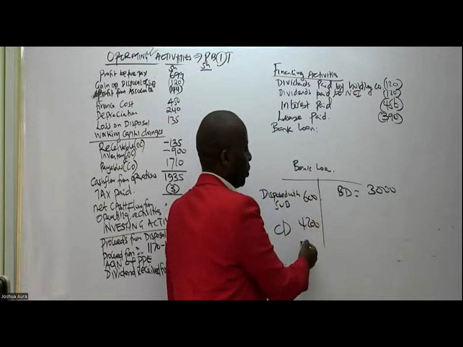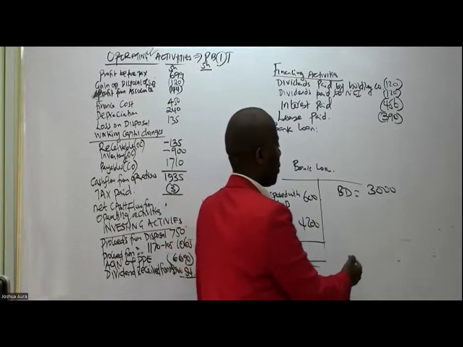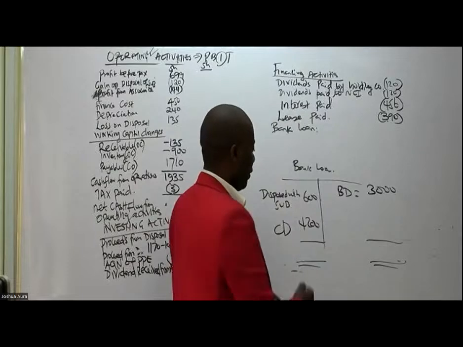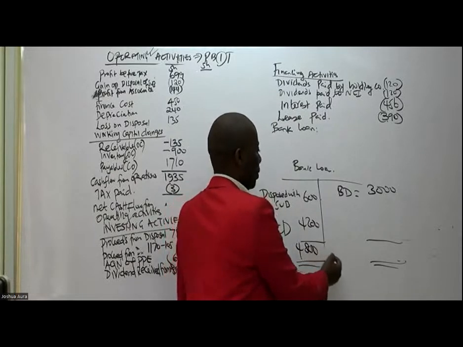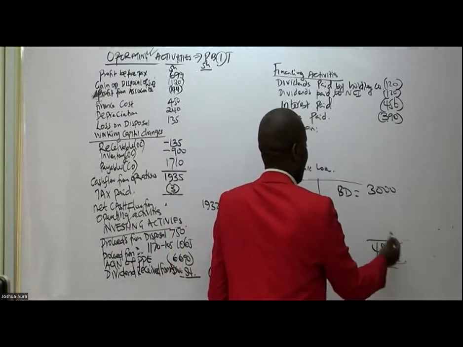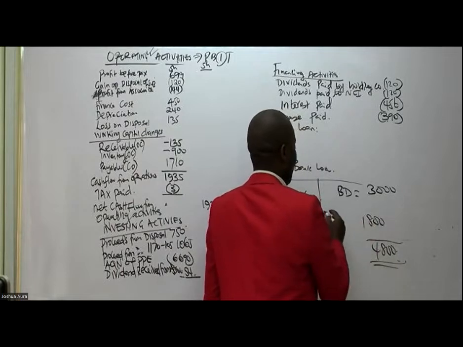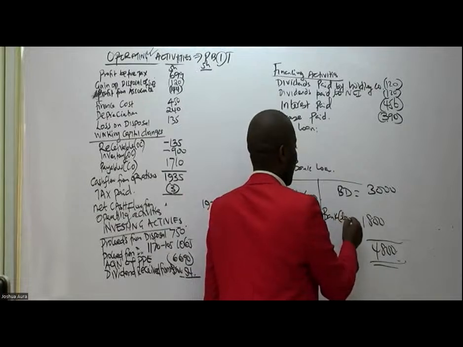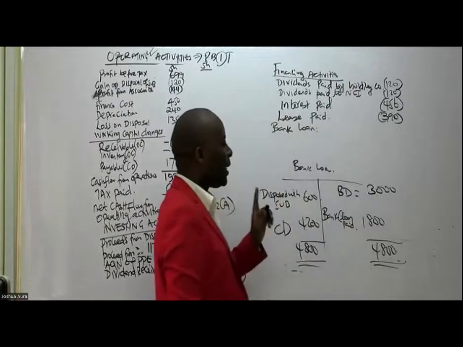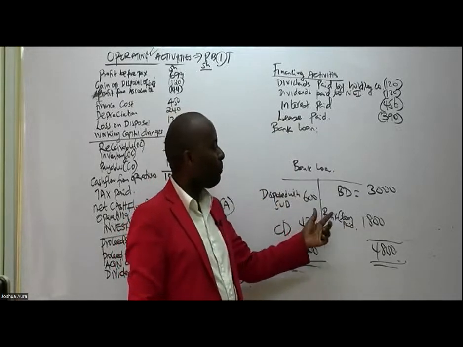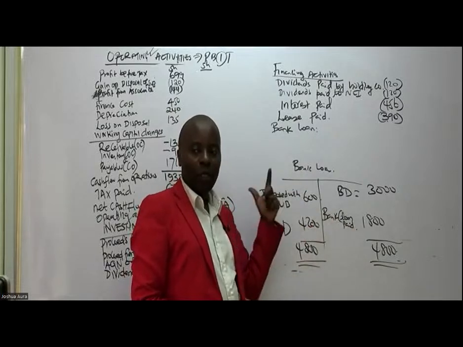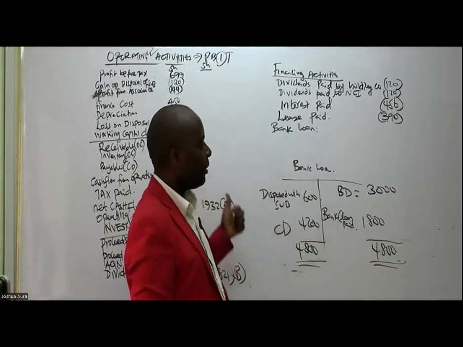And that is it. So please go ahead and balance. The new balance is 4,800, meaning that we must have received a new bank loan. Not paid, received, because here we are crediting this account and then we debit our bank account.